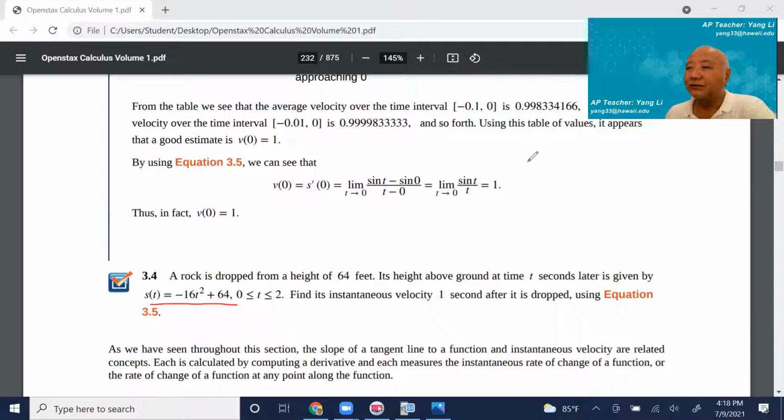We still follow the definition of equation 3.5. So we can find the velocity at t equals 1.